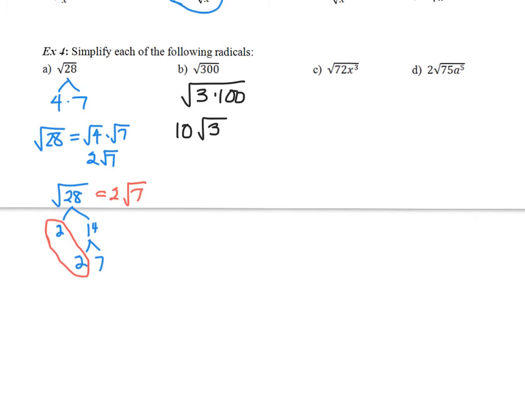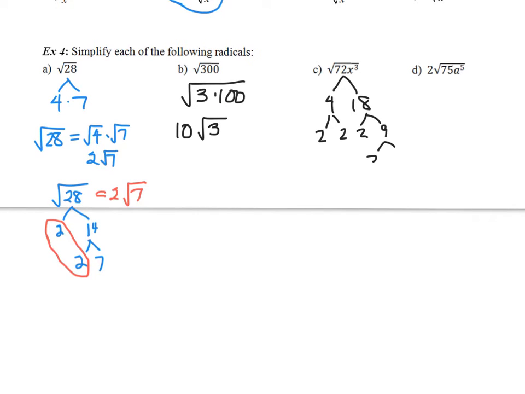When I get to an example like 72x cubed, I'm going to simplify this by doing my factor tree. And again, you can pick a method and decide which method you like to use. So 72, I could write that as, how about 4 times 18? 4, of course, is 2 times 2. 18 is 2 times 9.